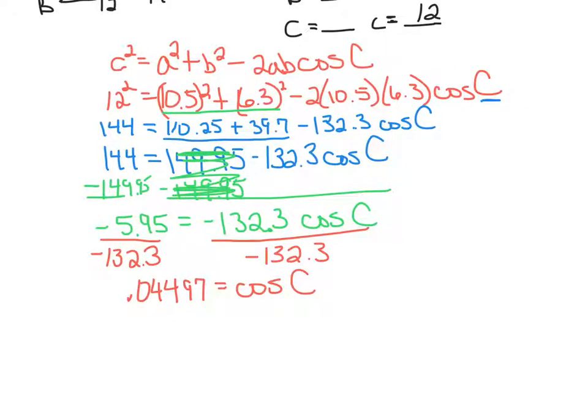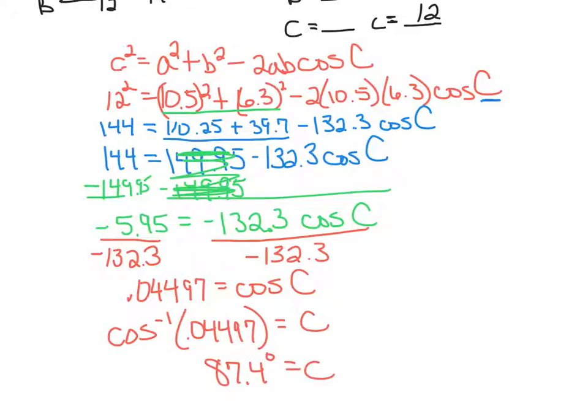And then I'm going to say, okay, I got to take the inverse cosine of this. I didn't round right away because I like to wait a little bit. And when I get that, I get 87.44 degrees for C.